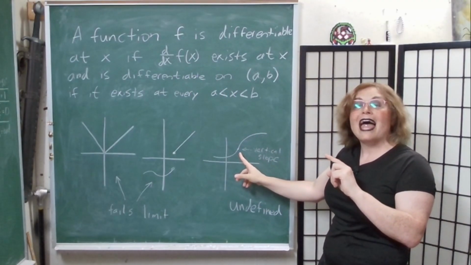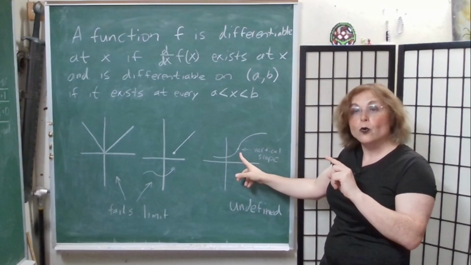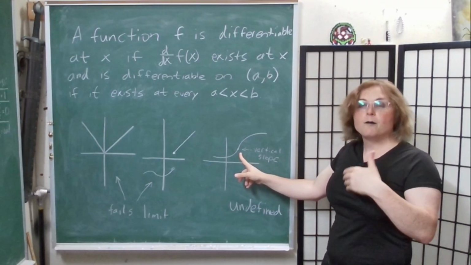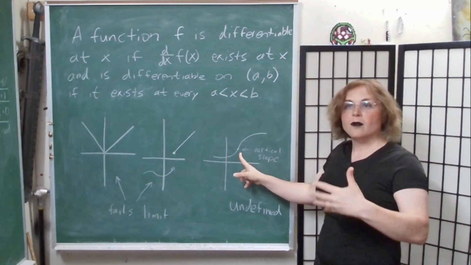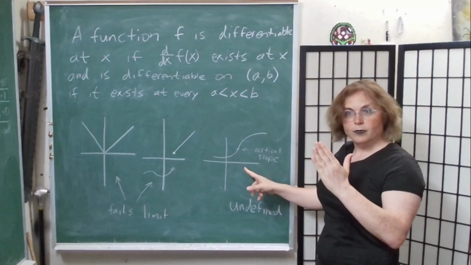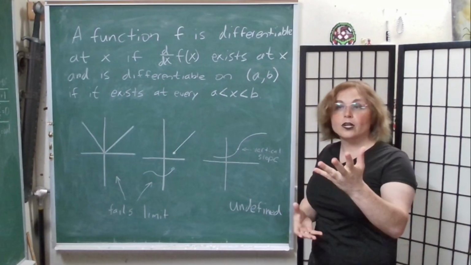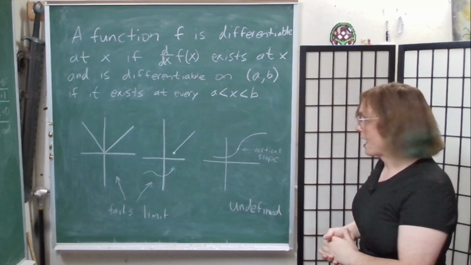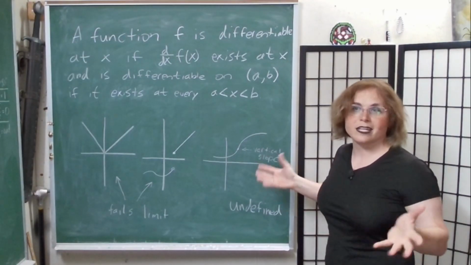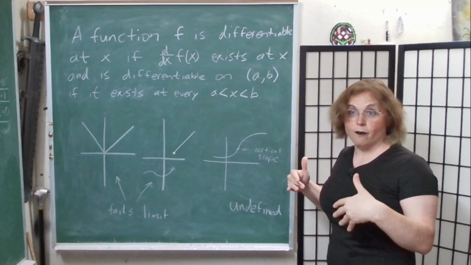So therefore, at this point only, the derivative doesn't exist because we end up having a vertical slope. We'll look at an example of that in just a moment where it happens. And you usually get something like an asymptote or some other interesting phenomenon in the derivative.